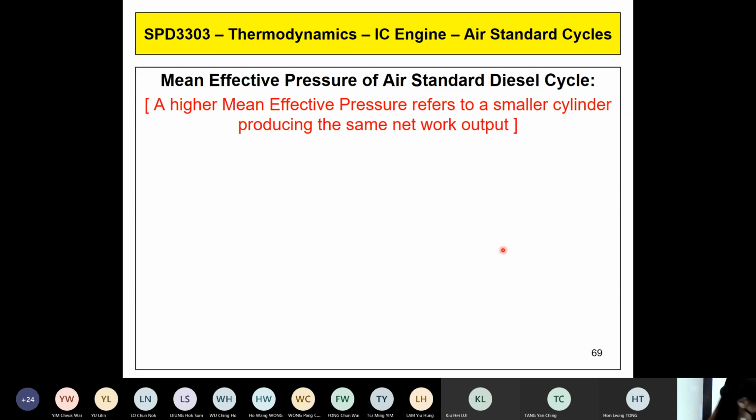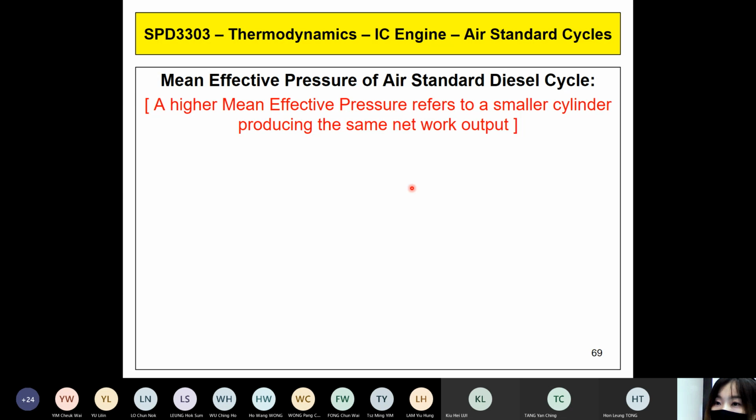In the previous lecture, we gave you another important definition, a measurement of the effectiveness of your cylinder: the mean effective pressure. Remember this definition?